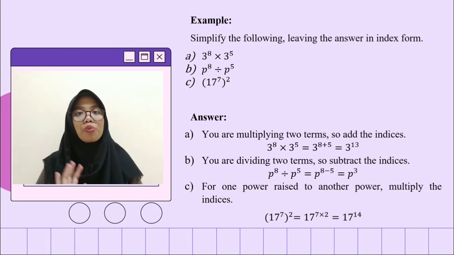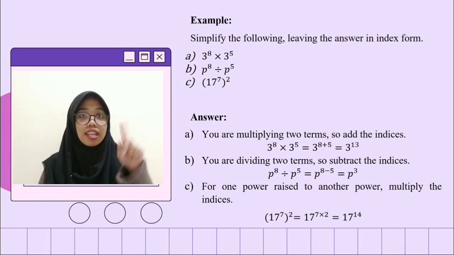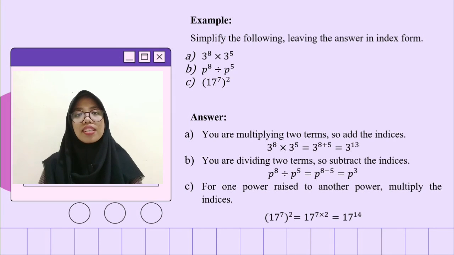But when we are multiplying the powers, we can add the indices. So 3 to the power of 8 times 3 to the power of 5 equals 3 to the power of 8 plus 5 equals 3 to the power of 13.